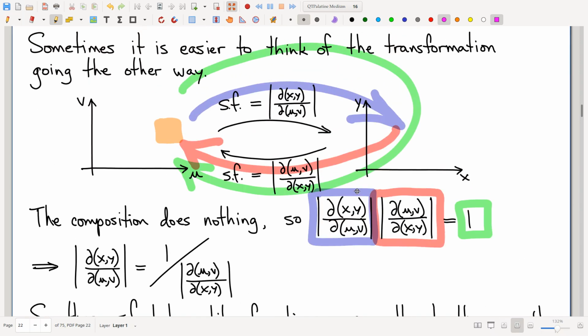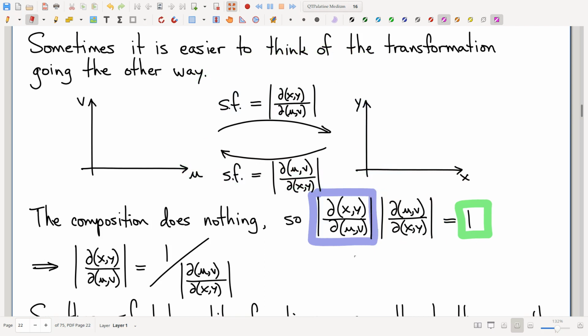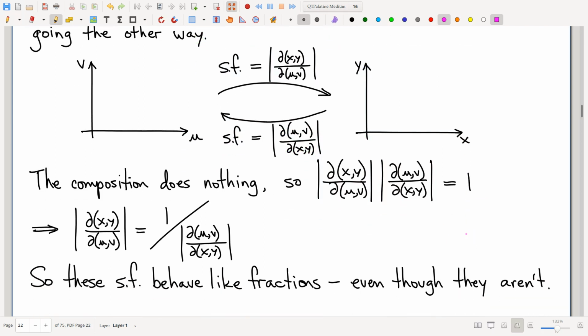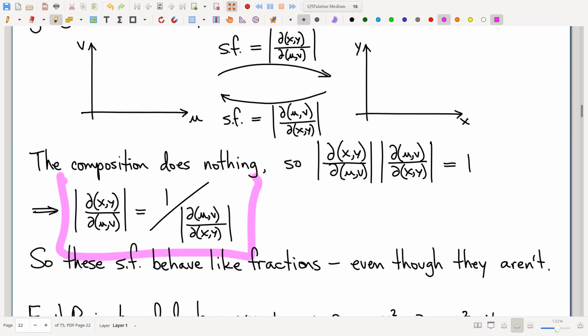Okay, so this product is 1. That means that the red and the blue are reciprocals of each other. And by the way, check out how that looks when you write it down. These are reciprocals of each other. It looks like we're taking the reciprocal of a fraction and switching the numerator and denominator. Said differently, it behaves, again, like a fraction. Now, I cannot emphasize enough, it's not a fraction.